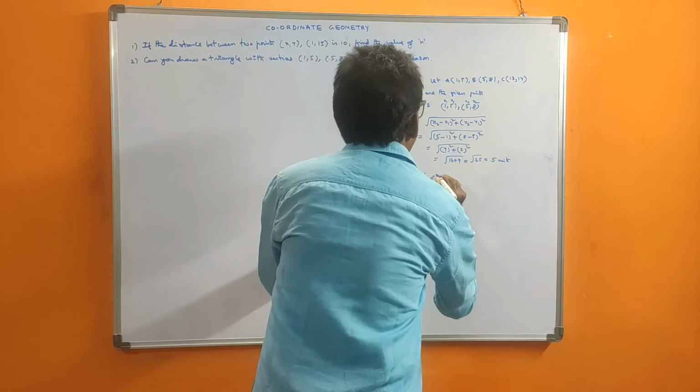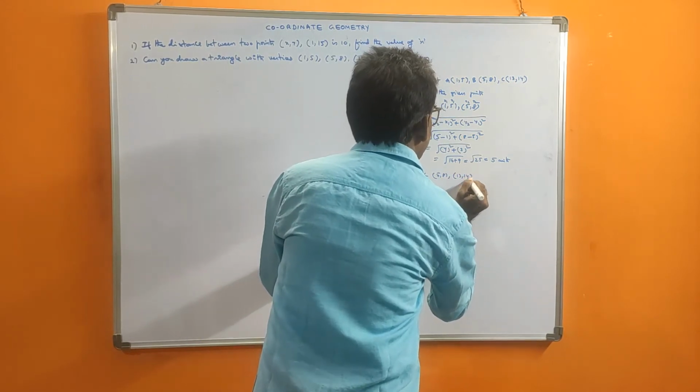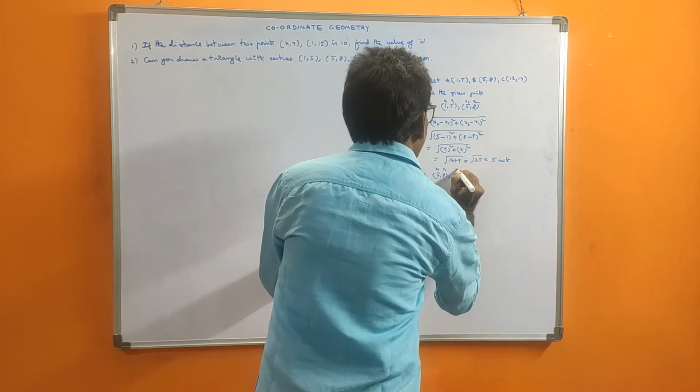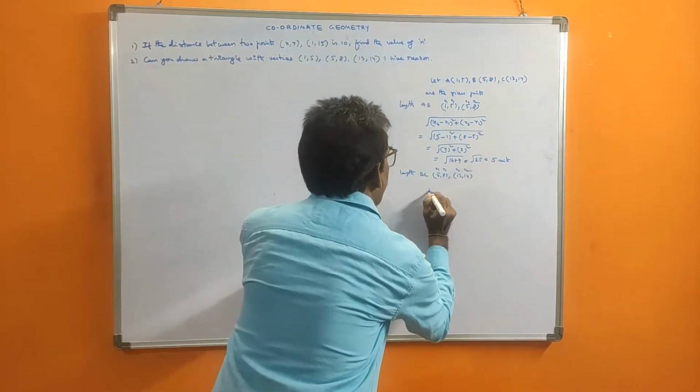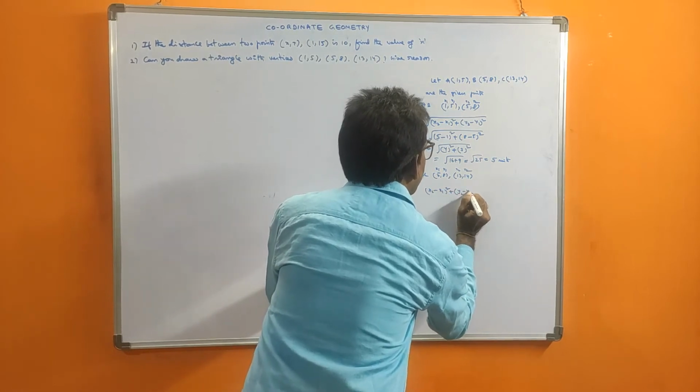Now length BC. B is (5, 8), C is (13, 14), as x1, y1, x2, y2. The formula is the square root of (x2 minus x1) whole square plus (y2 minus y1) whole square.